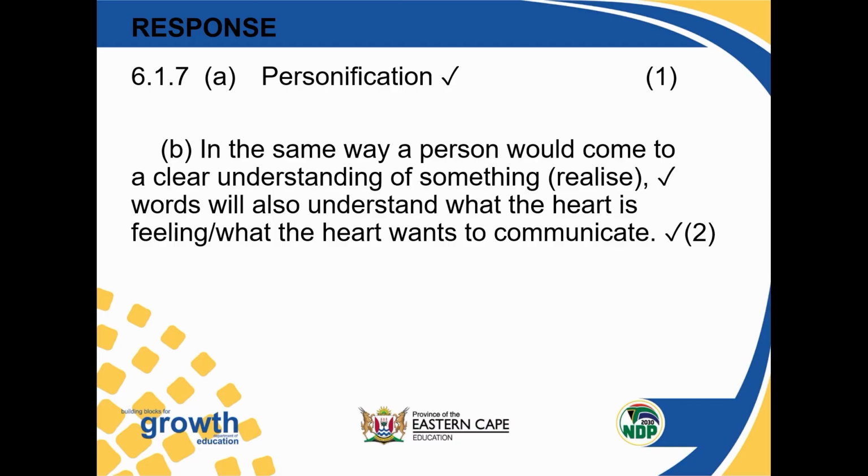And now, because the writer has used the words hoping that my heart will realize, it's the heart that has been given human qualities of doing what? Of realizing what the heart wants to say. So therefore, the figure of speech used there is personification, because the heart has been given human qualities of realizing.